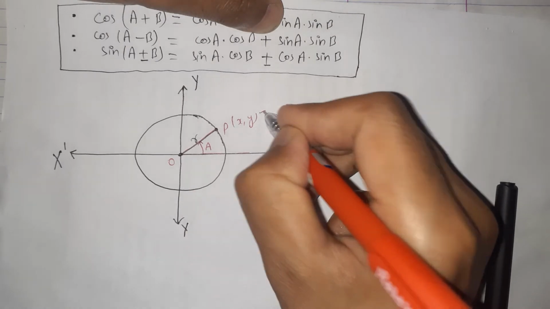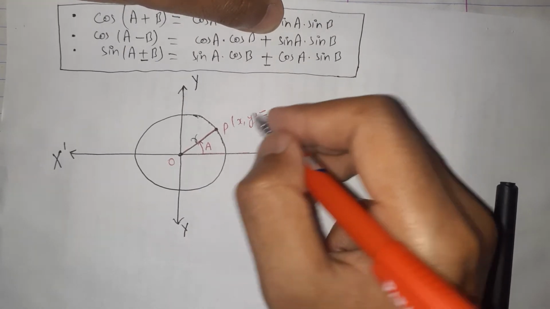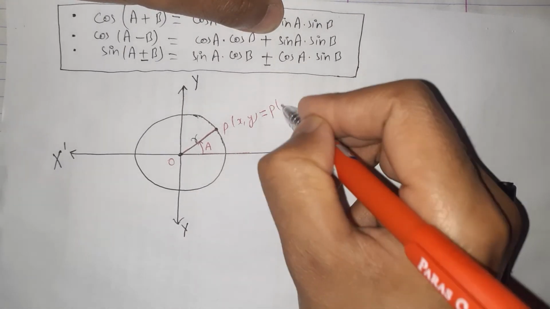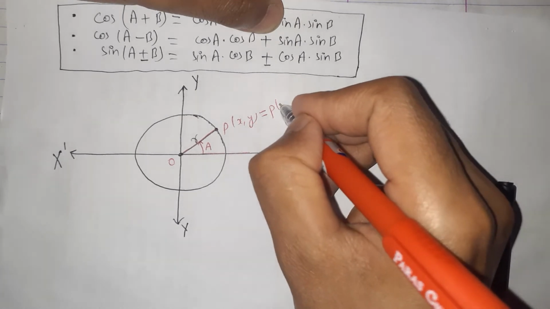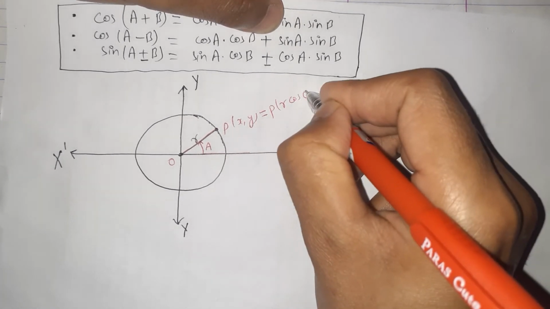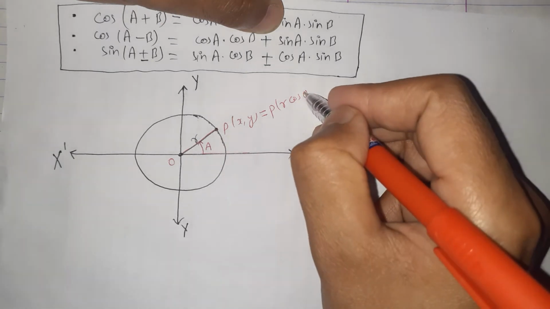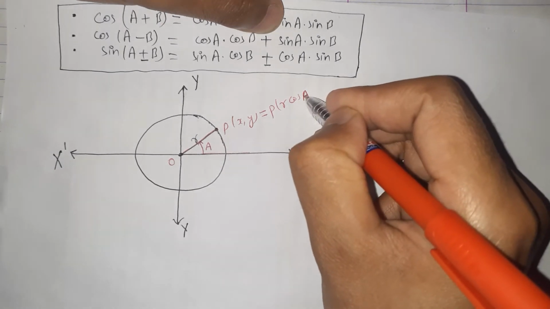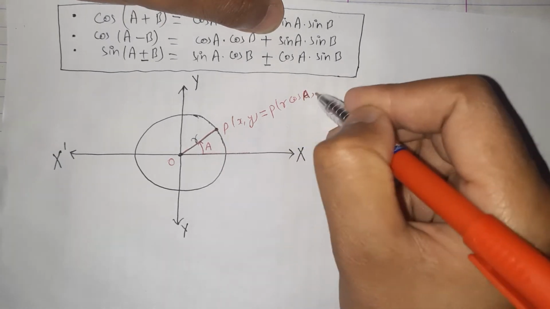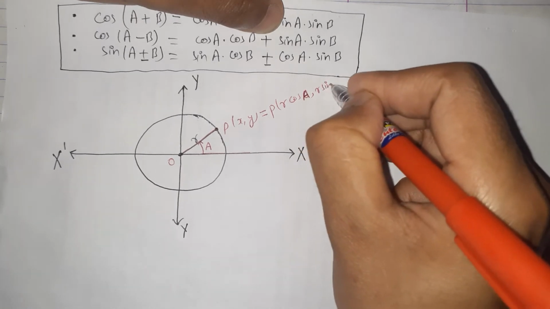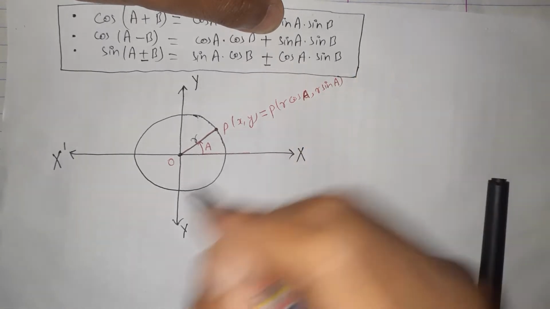So we can write the equivalent polar coordinate for the point P: x is r cosine of the angle, here the angle is a, comma r sine of the angle.